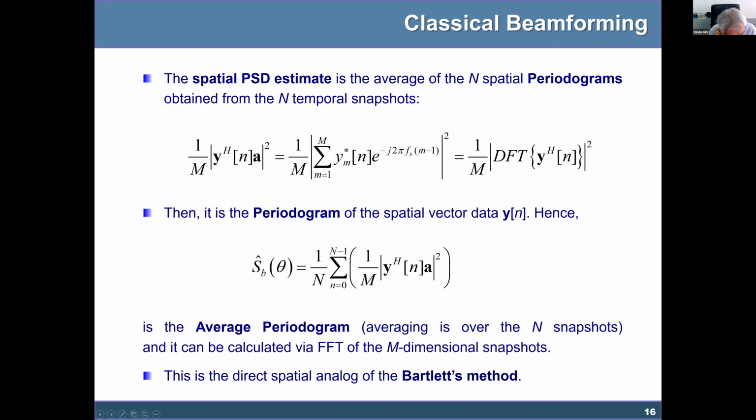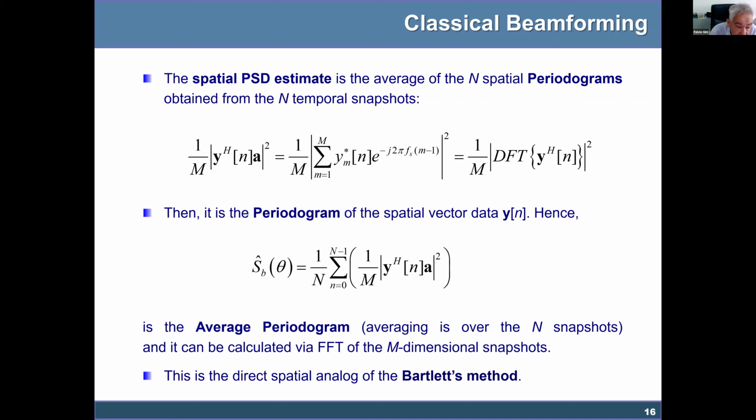I don't know if you are familiar with classical techniques for power spectral density. This is what has been called in power spectral density estimate the average periodogram, or sometimes it is also called the Bartlett method.